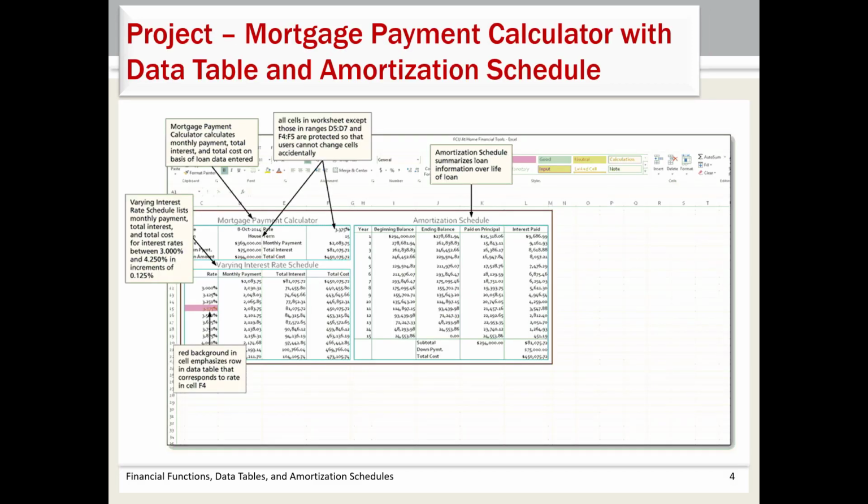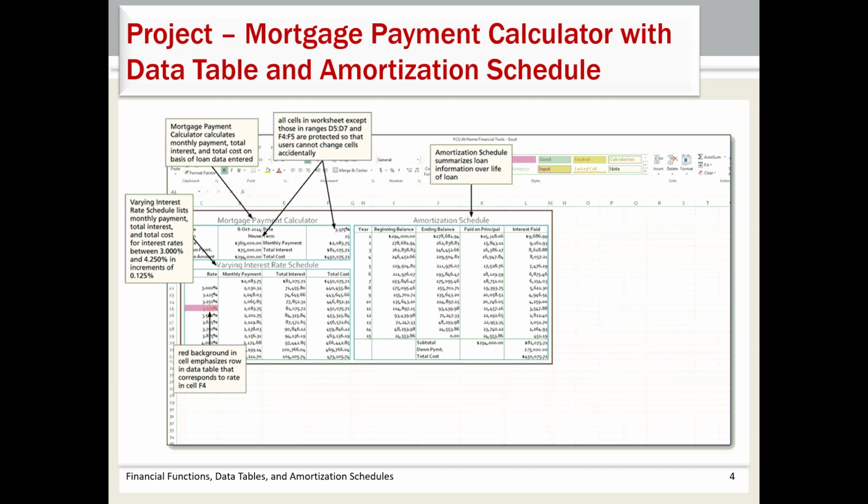In this project, we are going to follow guidelines to create a worksheet in Excel as shown in this slide. Federal Credit Union is a financial institution that provides mortgage or loan for homes or other type of properties.